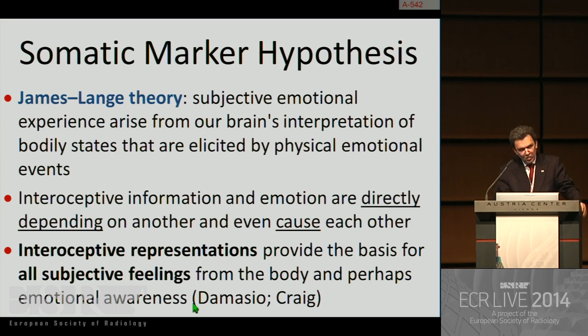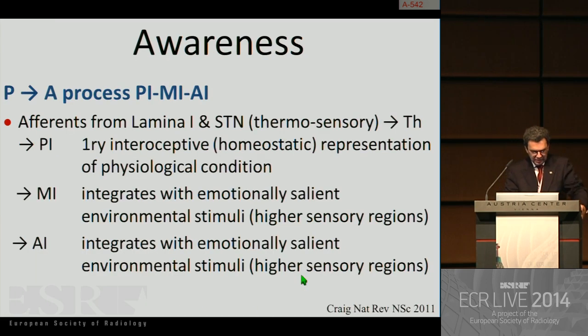The idea is that in very early childhood, a relationship was made between a certain emotional status and certain feelings or happenings within the body. So when you say you have a heartache, actually it is some feeling that the heart aches. This theory was put forward about 100 years ago, and it is about the representation of interoceptive signals providing the basis for subjective feelings. It is still of importance nowadays.